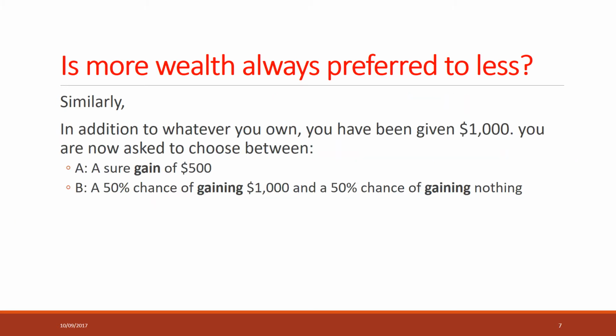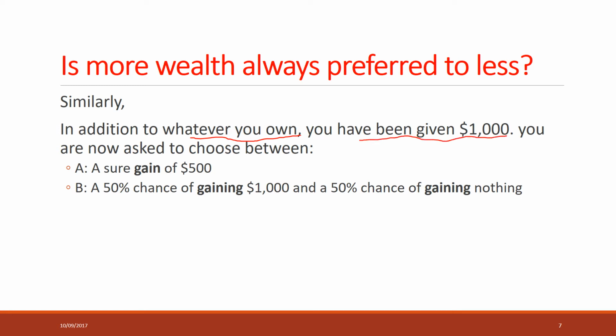Similarly, we have another experiment where we have two sets of options, right? So in the first option, we start with whatever we own. Say if our wealth is currently 1 million, right?